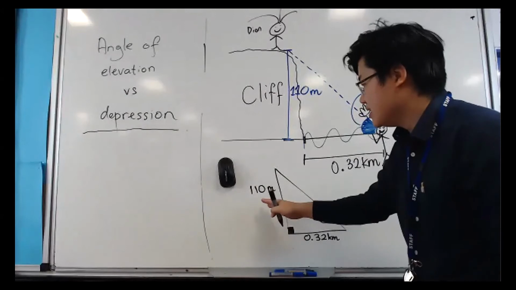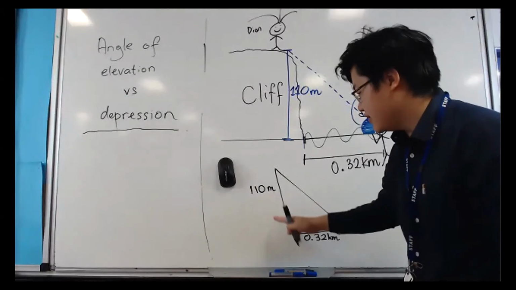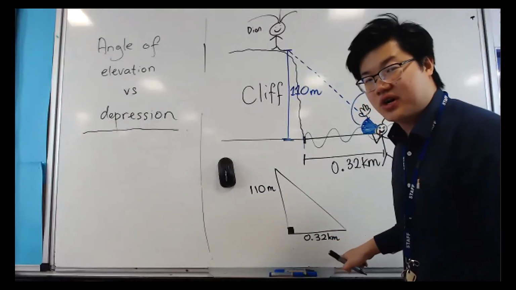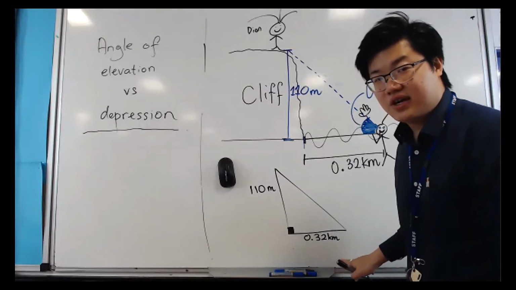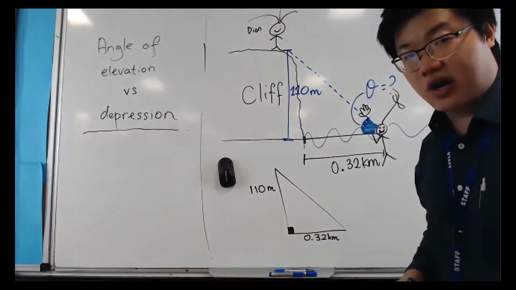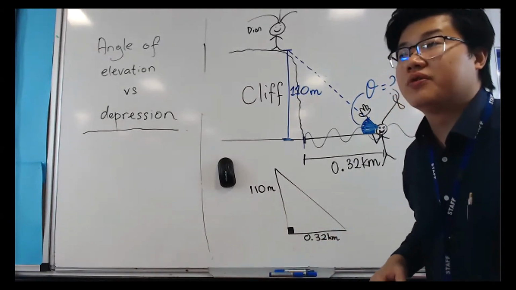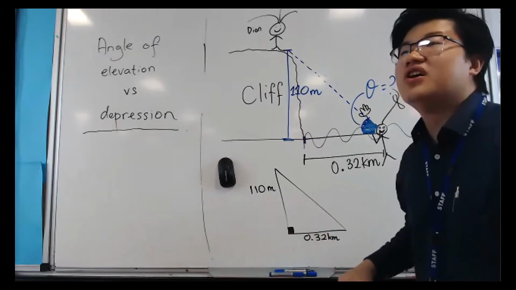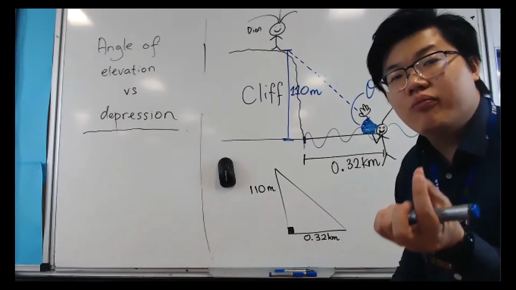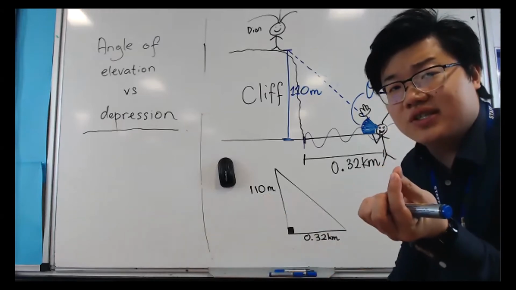Glad it's working. So there's 110 meters over here and 0.32 what? Kilometers over there. Now, do you know why every time you write a measurement, I ask you what? 0.32 what? 110 what? The unit of measurement is really important, isn't it?